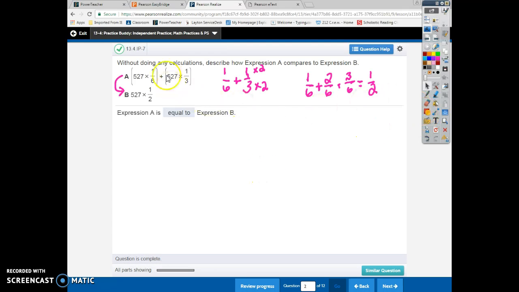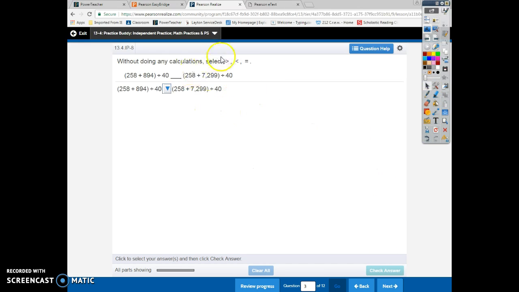So you want to be sure that you're looking at what's the same between them and what's different. So let's go ahead and do another one. Without doing any calculations, we are going to select greater than, less than, or equal to. So I have 258 plus 894 divided by 40. And then I have 258 plus 7,299 divided by 40.